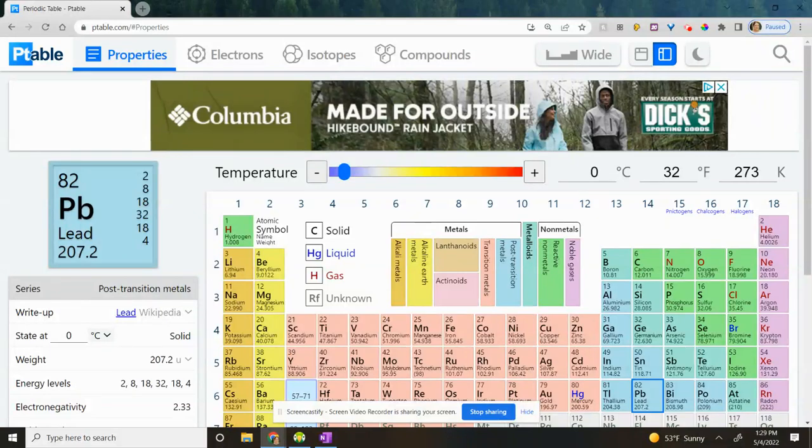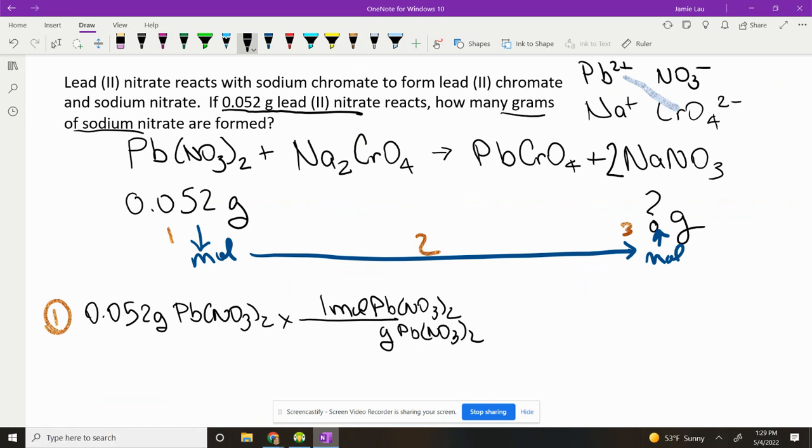And then I have 2 nitrates. So nitrate has oxygen and nitrogen. Nitrogen is 14.01, oxygen is 16. So if I do the math over to the side, 207.2 plus 2 times the mass of nitrate, so 14.01 plus 3 times 16, put that in my calculator, and I'm going to get 331.22 grams.